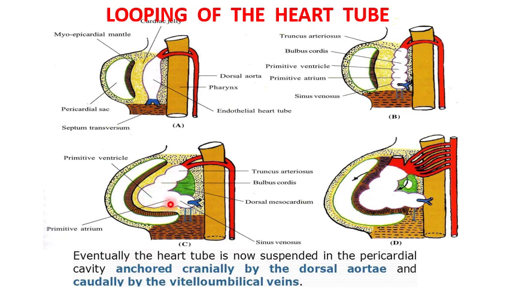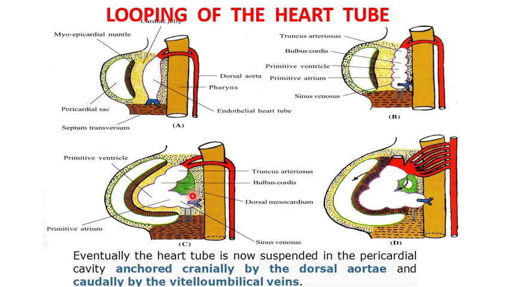This loop is called the bulboventricular loop. This is the bulbous cordis part here, and this is the primitive ventricle. This is the primitive atria and the sinus venosus. The cephalic end of the loop is formed by the bulbous cordis and its subdivisions and is displaced caudally, ventrally and to the right.